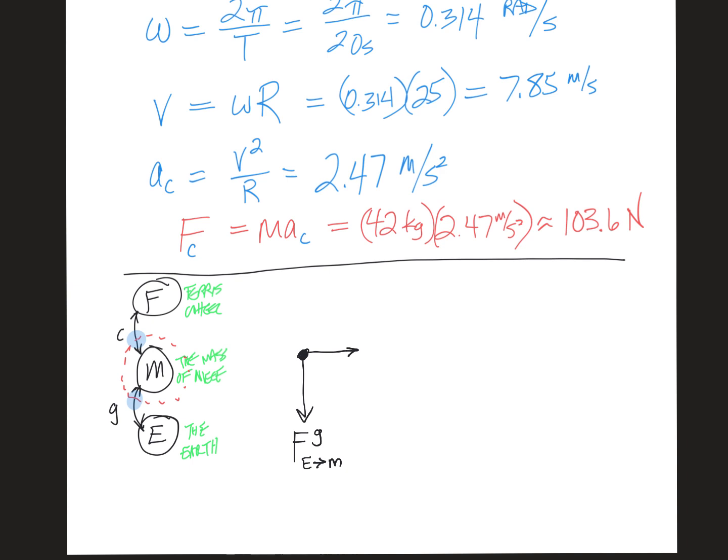So the high point would be here, and then a 1/4 turn. So there'd be a center-seeking force, and we could call that our contact force of the Ferris wheel on the mass. Okay?